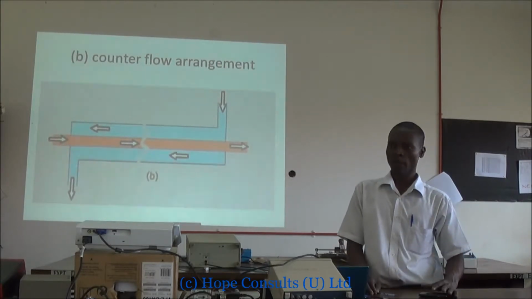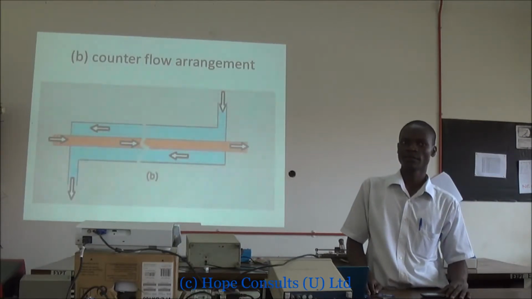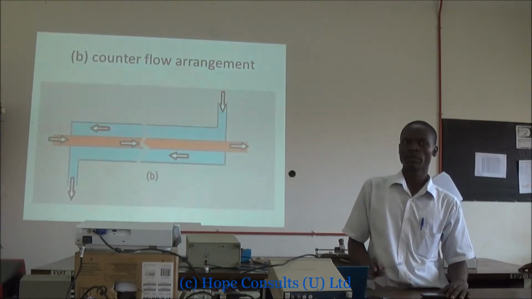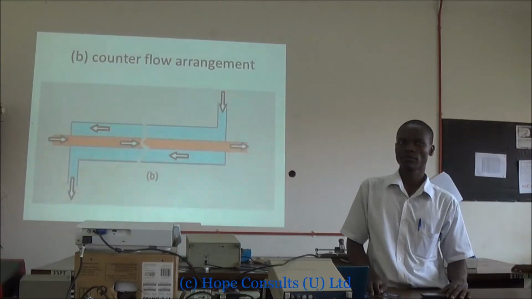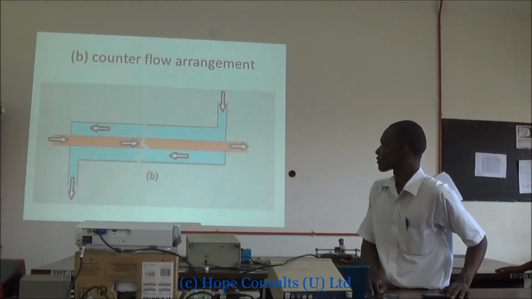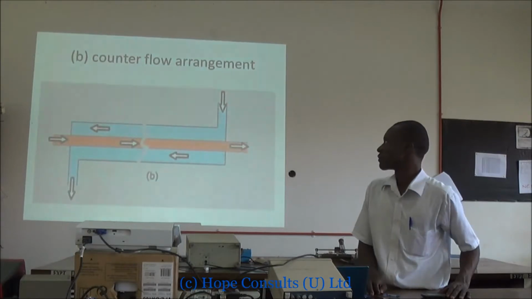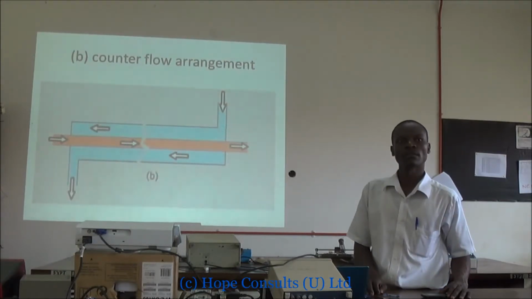The red layer and the blue are color coding, one being cold and one being hot. So in both scenarios, you have two liquids at different temperatures, whereby one is higher than the other. So you cannot say counter means that they are at different temperatures. Both of them are at different temperatures.